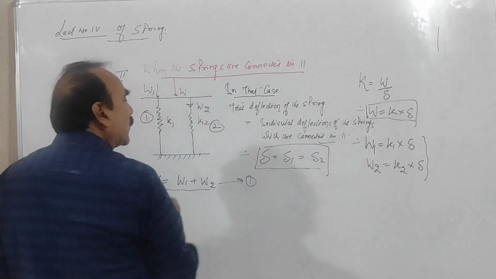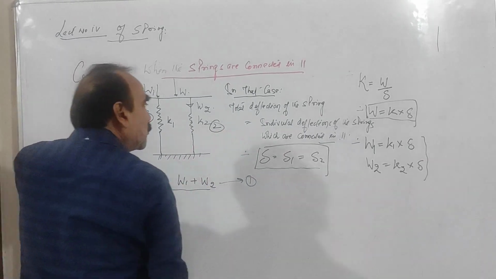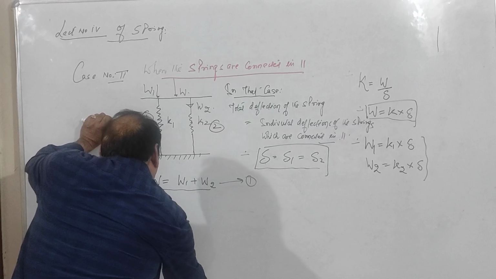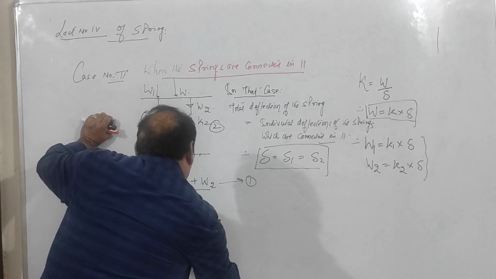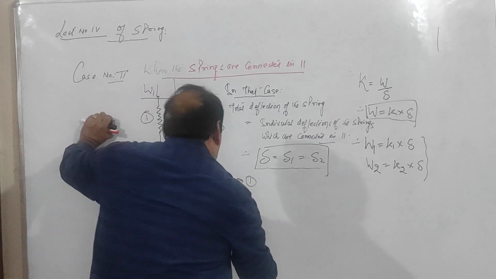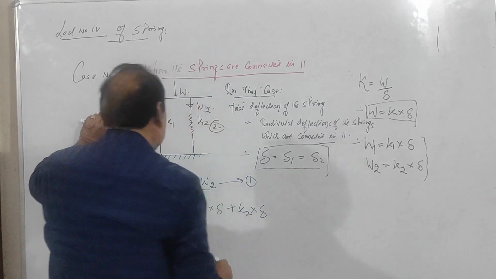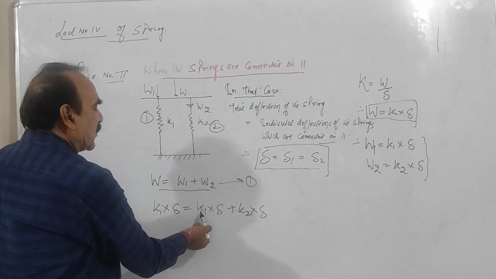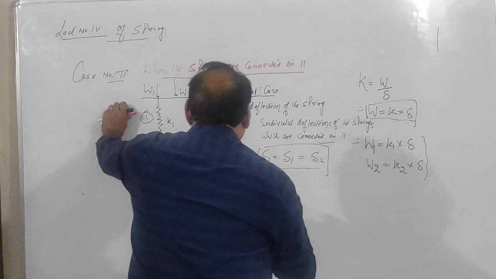So I will substitute the values in equation number 1. तो वैल्यू को जब हम सब्स्टिट्यूट करेंगे क्या होगा? W की जगह K into delta. This is equal to K1 into delta plus K2 into delta, right? So delta यहां से कॉमन ले लीजिए आप, right? So this is K1 plus K2, or you can write it like this.